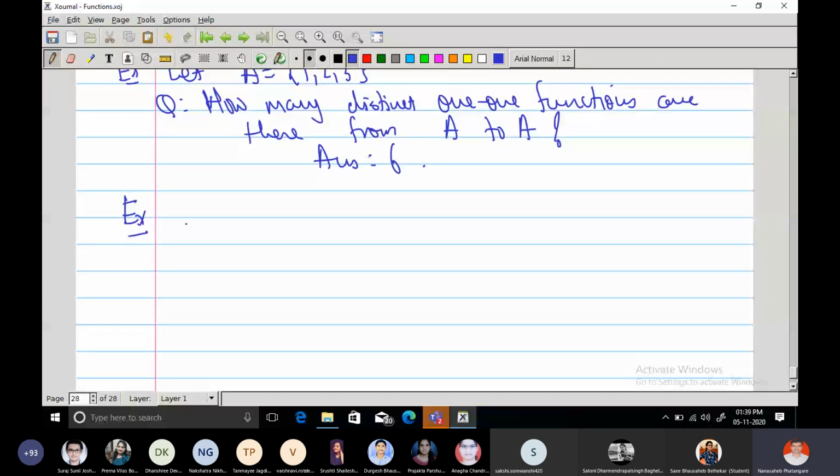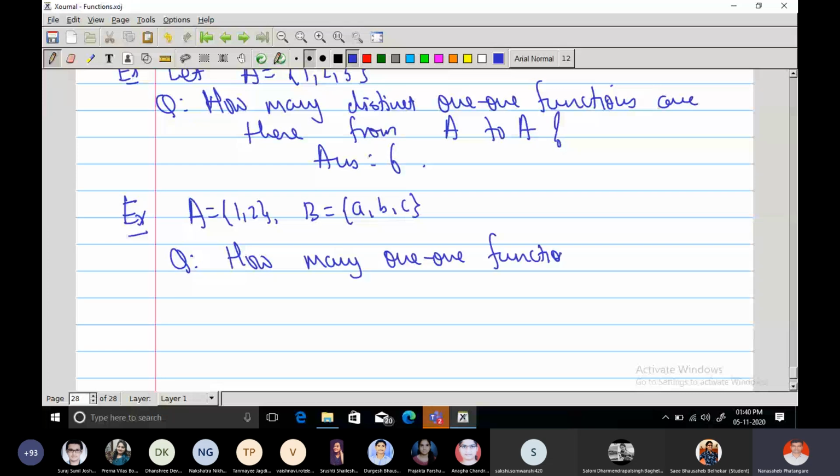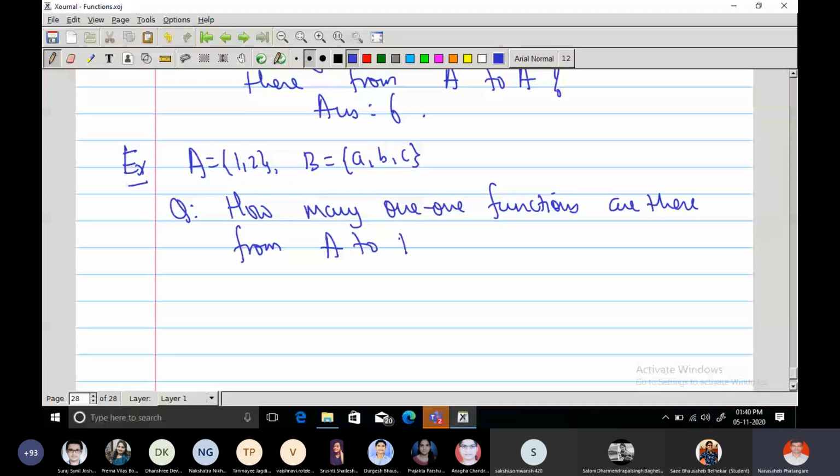Right? So if I take set A equal to {1, 2} and set B equal to {A, B, C}, now the question is how many one-one functions are there from set A to set B?